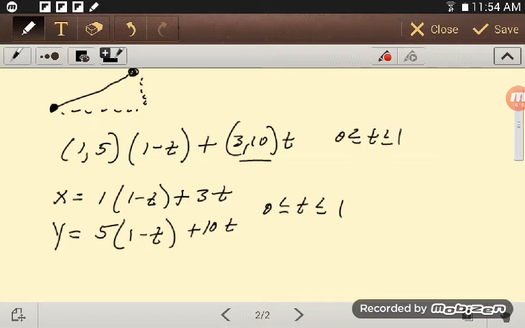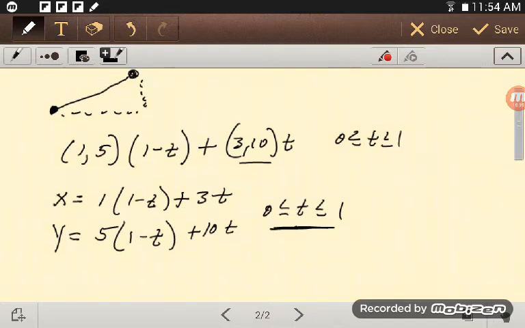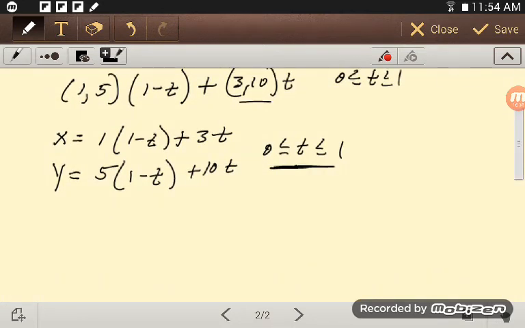So, my claim is that for any t in that range, we get numbers that are between, for x, 1 and 3, and we get numbers between 5 and 10 for y. And you could check that out. And then the other claim is that for any of those numbers, this relationship is a straight line.